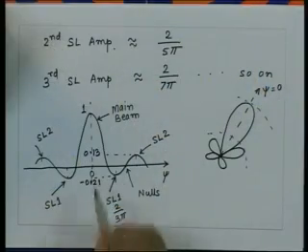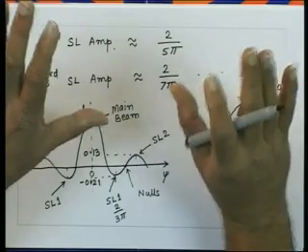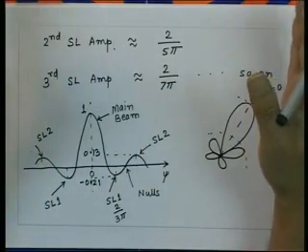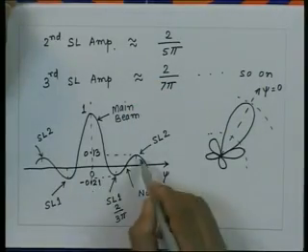As long as n is large, the first side lobe will be about 21%, and by no means can you really control these parameters. That means, for a uniform array you will always have directions in which the power will leak, and the power leaking in those directions will be substantial, because this will be about 21%, this will be 13%.